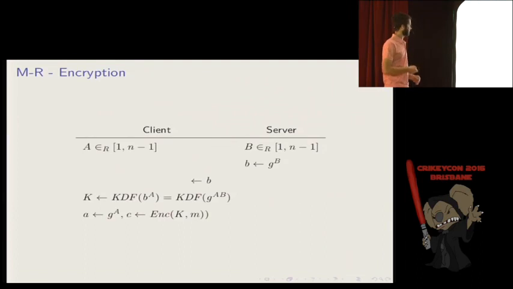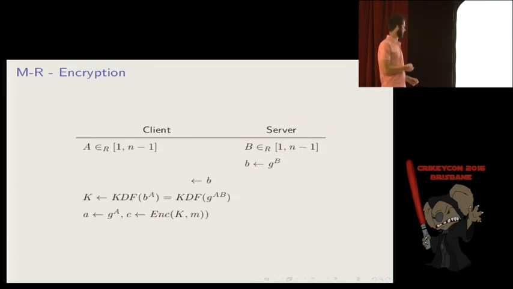So in the encryption phase, the client will acquire Bob's public key, or the server's public key, and will then compute the shared secret by raising Bob's public key to Alice's private key, and then performing the key derivation function on that to acquire a symmetric key. So the shared secret is actually g to the power of a times b.